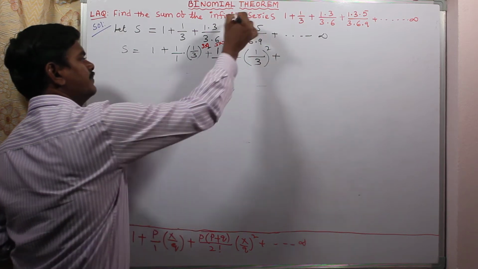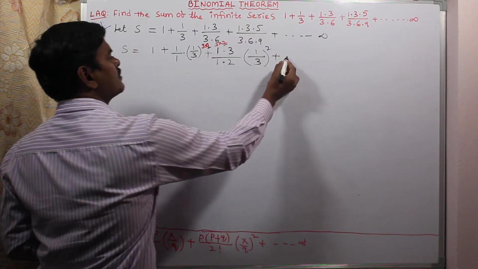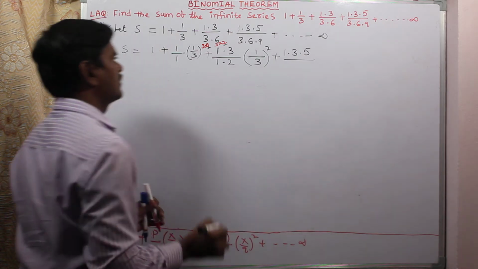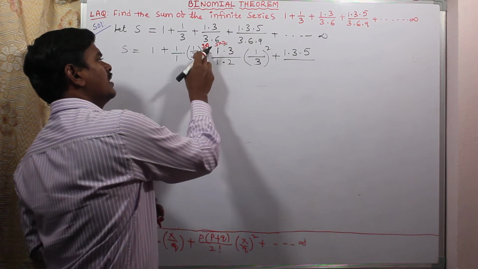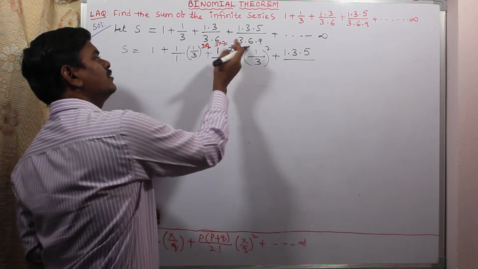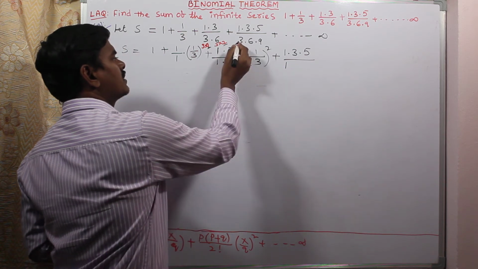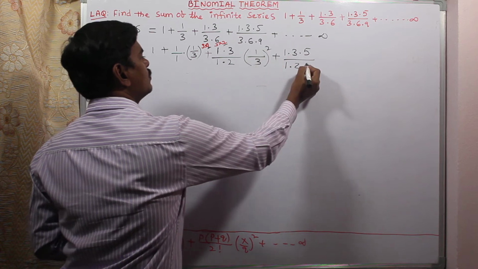Plus similarly here p into p plus q into p plus 2q. We can write the numerator the same. There is no problem with the numerator term. And in the denominator, similar to this one, we need to separate 3 from each and every term. If I do so, 3 into 1, 3 into 2, 3 into 3.